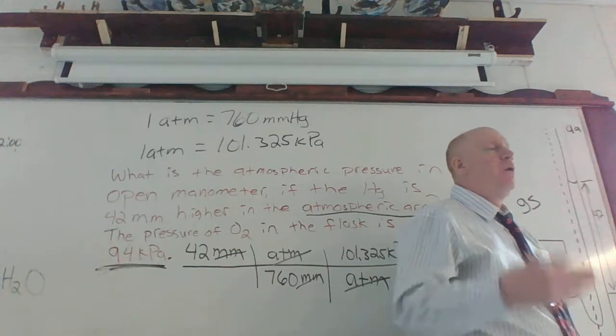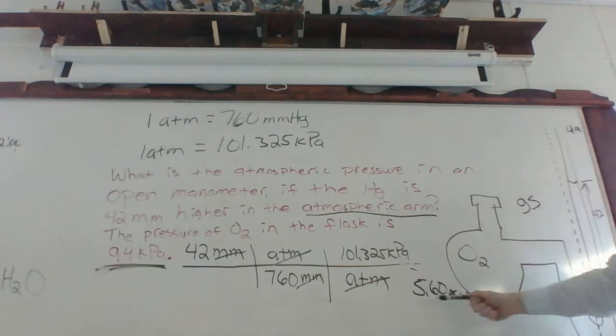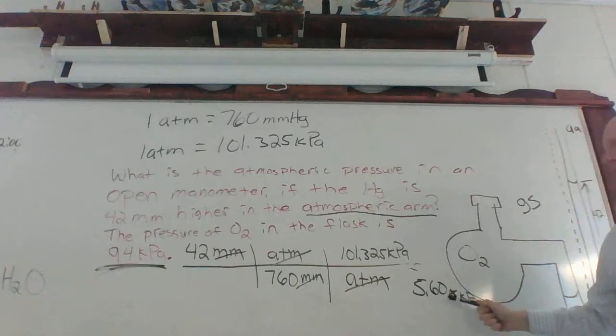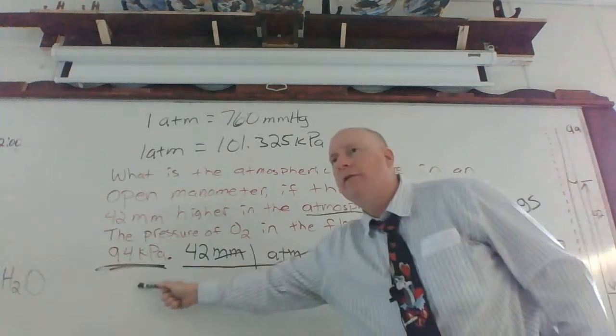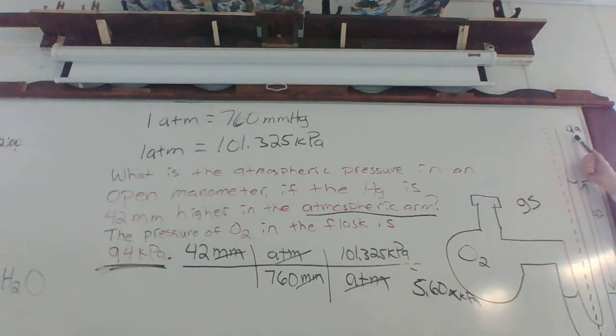If this mercury is higher in the atmospheric arm, or AA, we're going to say always add. Since it is higher on this side, which it is, we're going to take this 5.60 and do what in reference to 94? Add it, because that's why we want to label that as always add in the atmospheric arm.